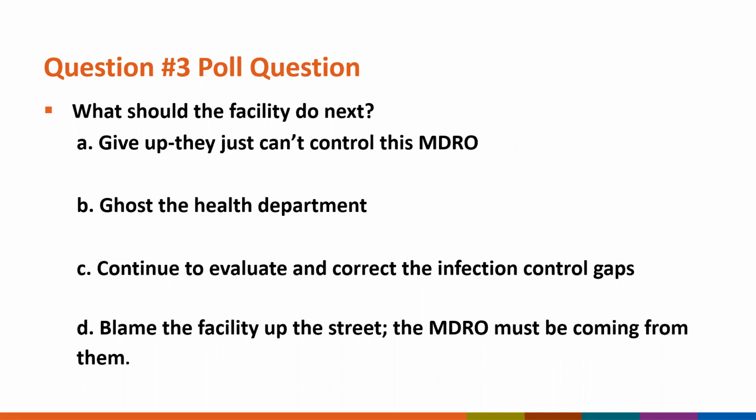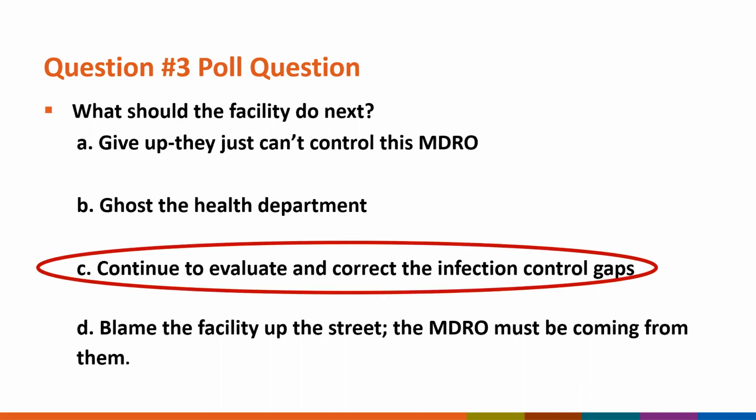A, give up. B, go to the health department. C, continue to evaluate and correct the infection control gaps. Or D, blame the facility up the street. If our poll does not work, I'm just going to go ahead. You guys think of an answer you think it'd be. Hopefully it won't be go to the health department. And it's C, continue to evaluate your infection control gaps.